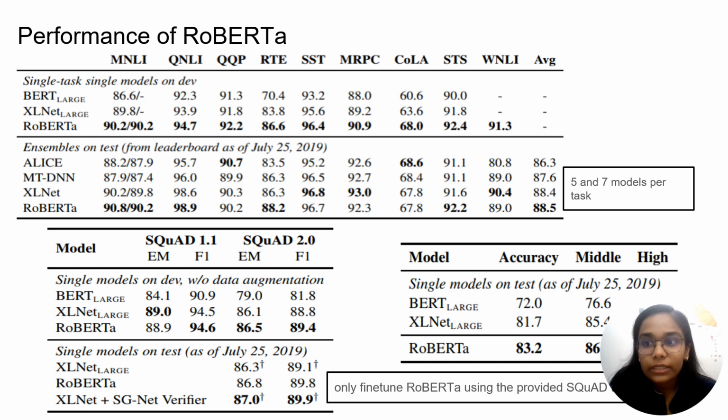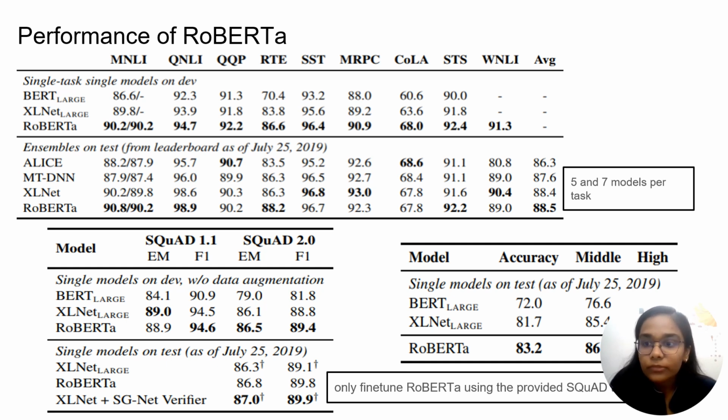In the first setting, which is the single task development phase, RoBERTa achieves state-of-the-art results on all 9 GLUE tasks. In the second setting, that is the ensembles or the test phase, RoBERTa was submitted to the GLUE leaderboard and it achieves state-of-the-art results on 4 out of the 9 tasks, which are MNLI, QNLI, RTE, and STS.